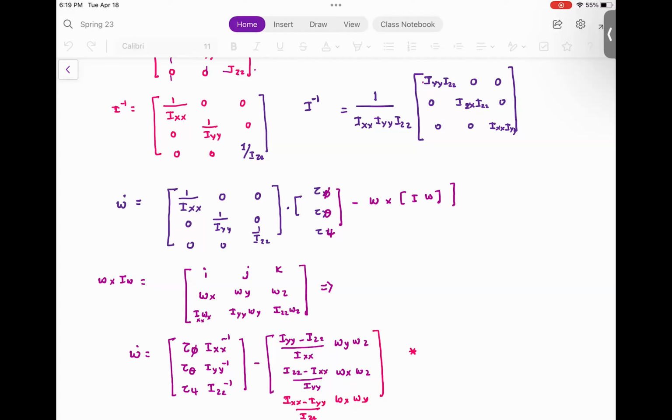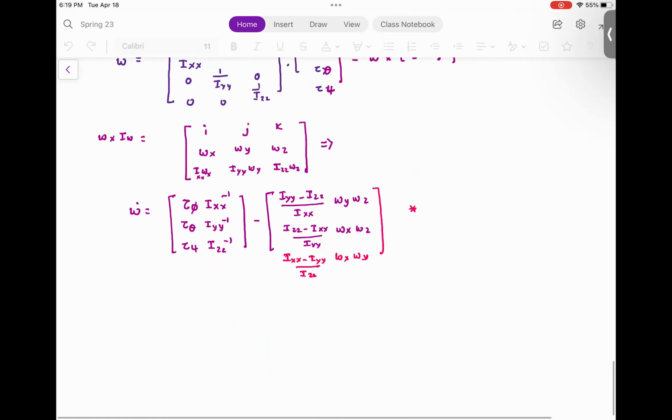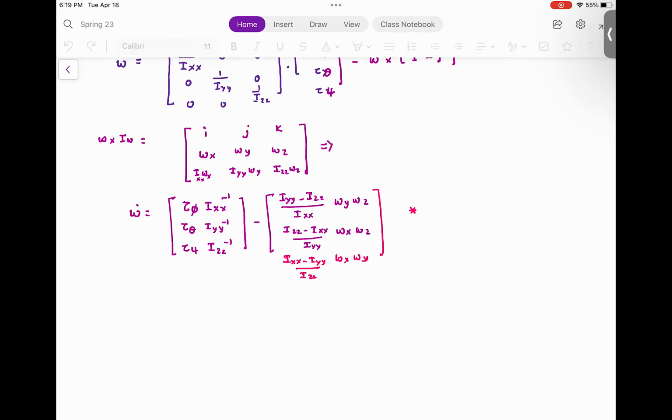Everyone understood this? And on the left hand side, you have omega x dot i, omega y dot j, omega z dot k. So this is a vector expression. At the end of the day, you have a vector equation. Any questions here?